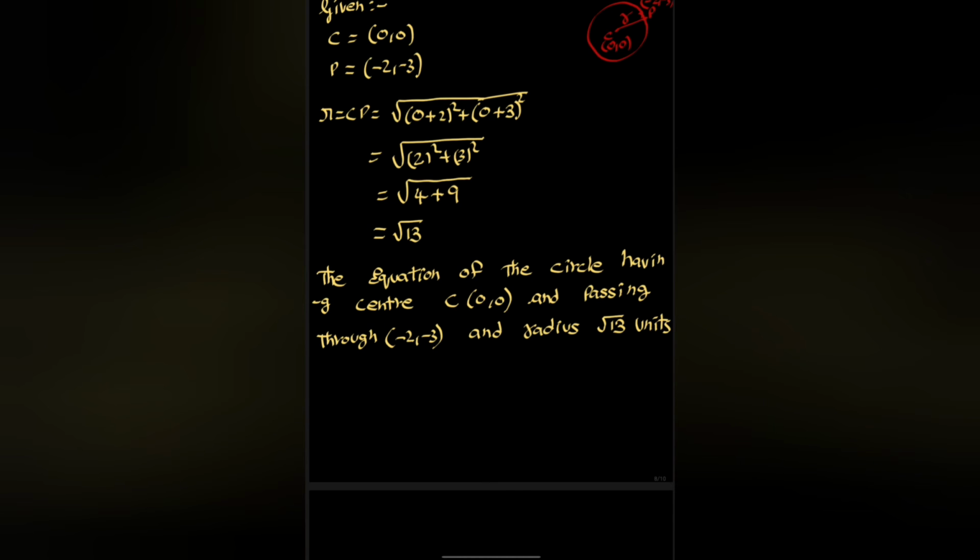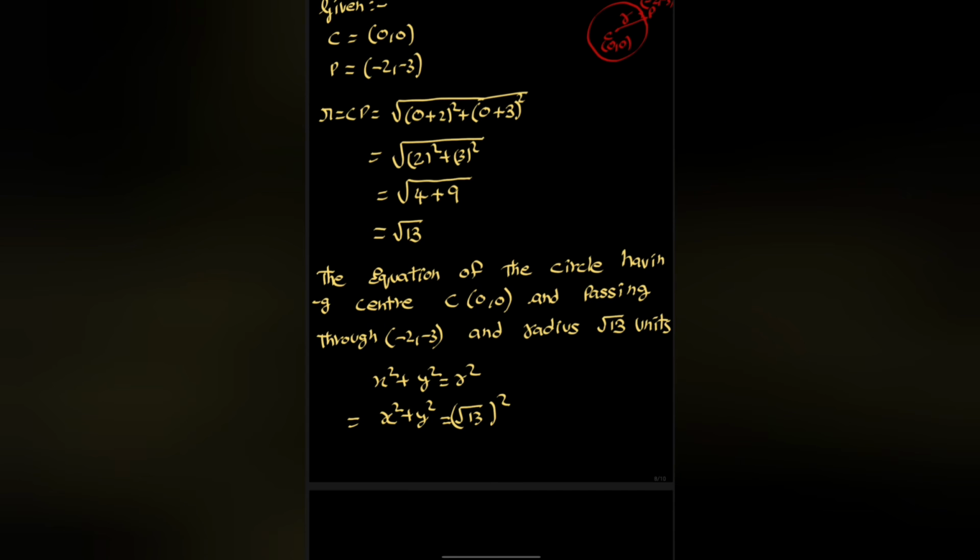So what is the equation of a circle when C is equal to 0, 0? That is x square plus y square equal to r square. So x square plus y square equal to root 13 whole square. So we get x square plus y square equal to 13, as root and square get cancelled. So this is the answer.